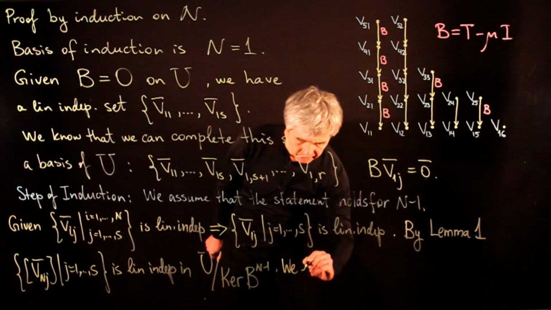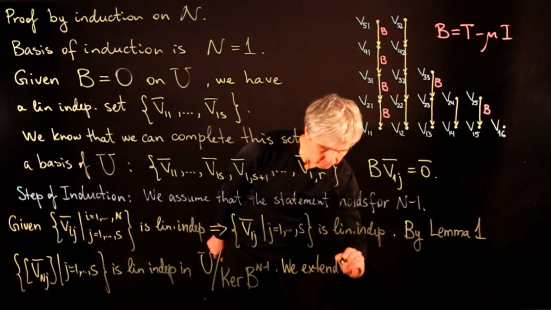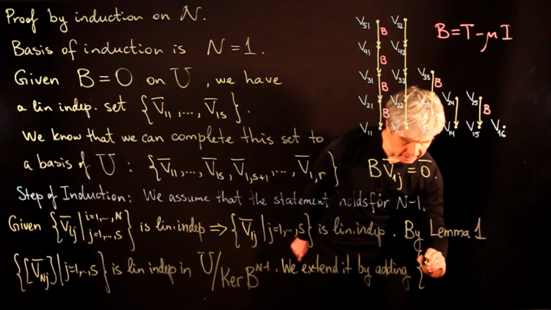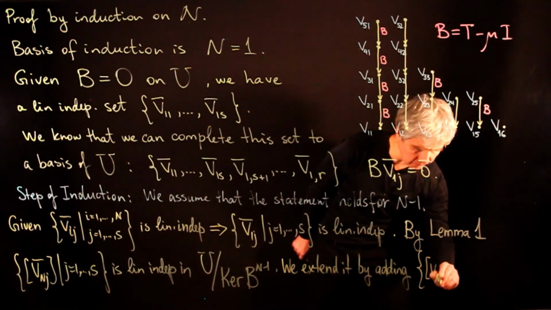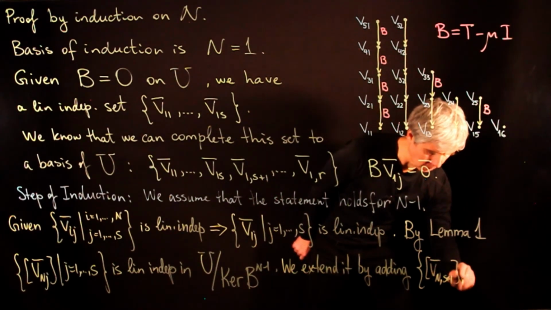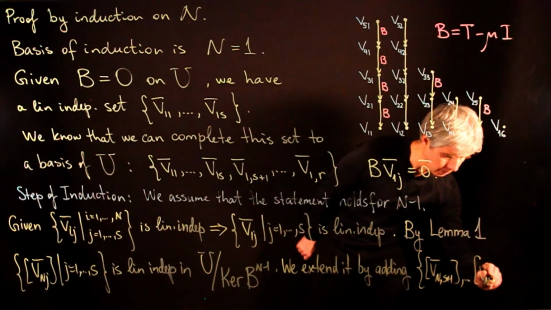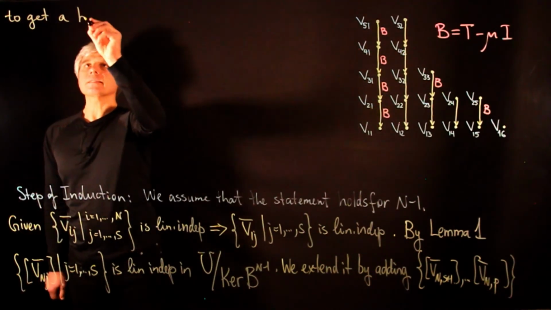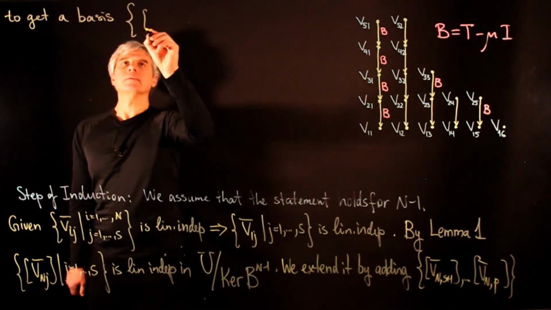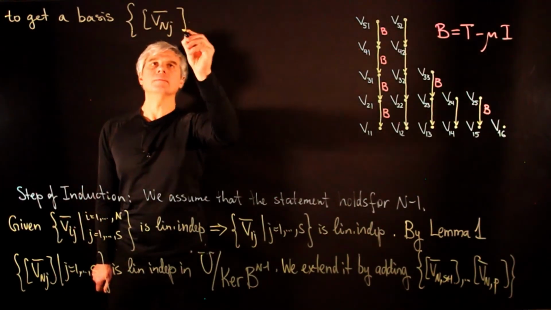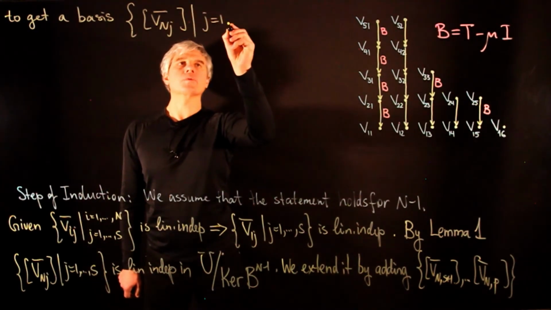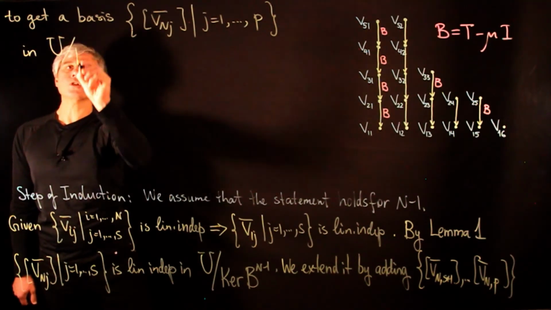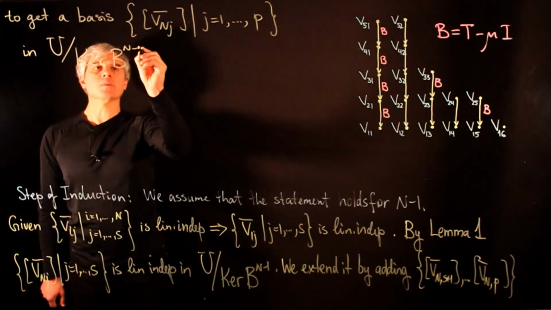We can extend this linearly independent set by adding equivalence classes of vectors v n s plus 1 through v n p to get a basis v n j, where j now goes from 1 to p, in the quotient space U quotient by the kernel of b to the n minus 1.